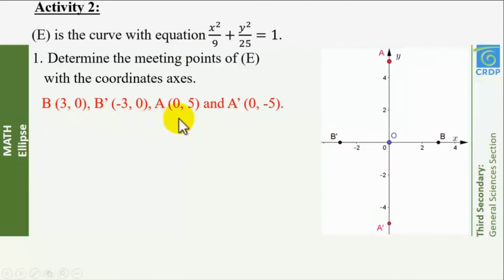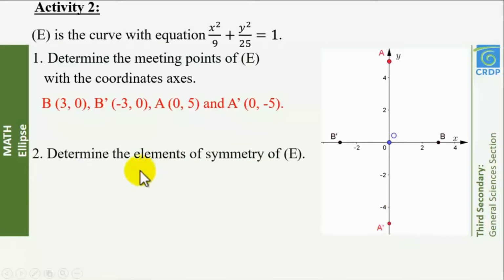Then let x equal to 0. We get A (0, 5) and A prime (0, minus 5). Determine the elements of symmetry of E. Elements of symmetry of E: the origin, x-axis, and y-axis. Same proof as previous activity.